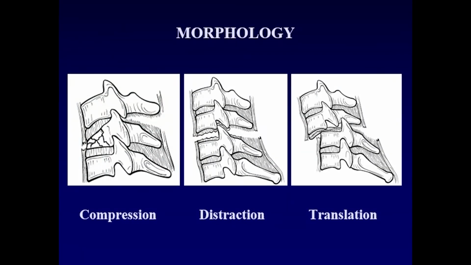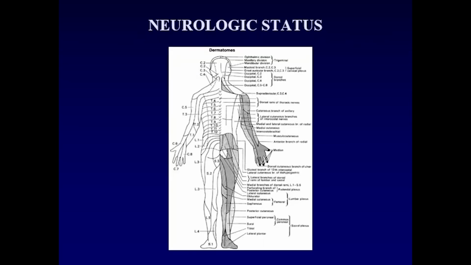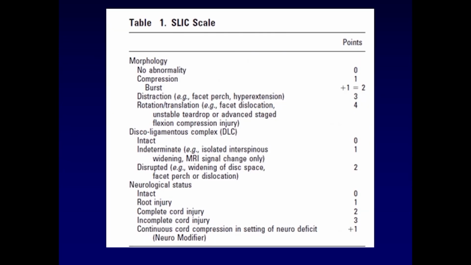Morphology was either compression, distraction, or translation, discoligamentous complex integrity as determined by the MRI, and the neurological status of the patient. In each category, the patient received either 0, 1, 2, 3, or even 4 points.